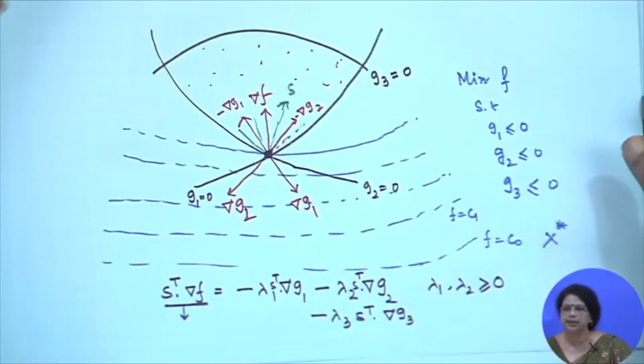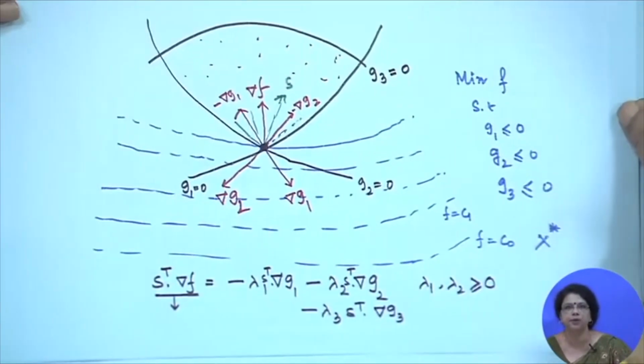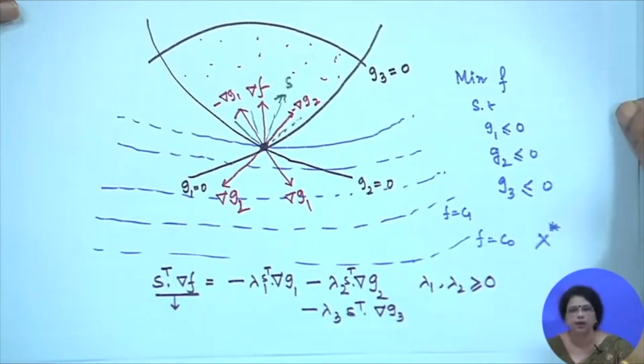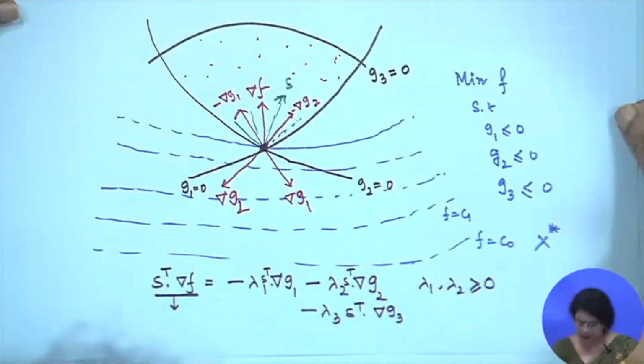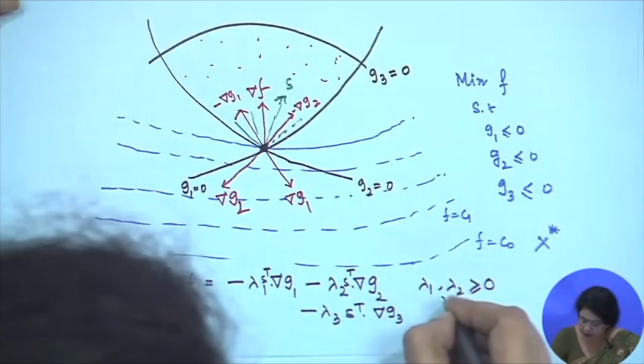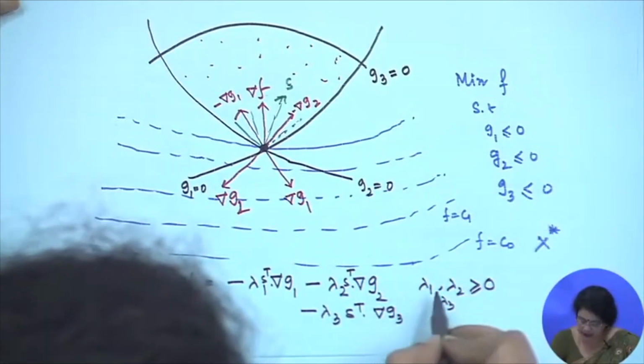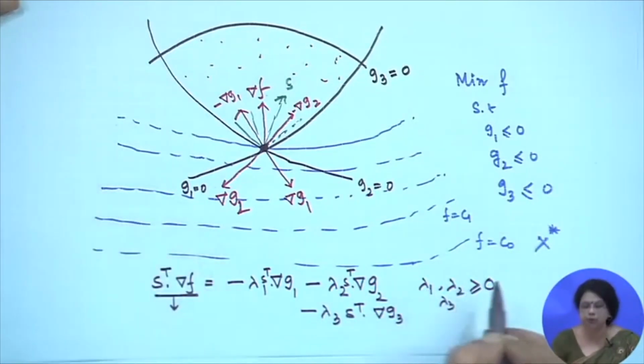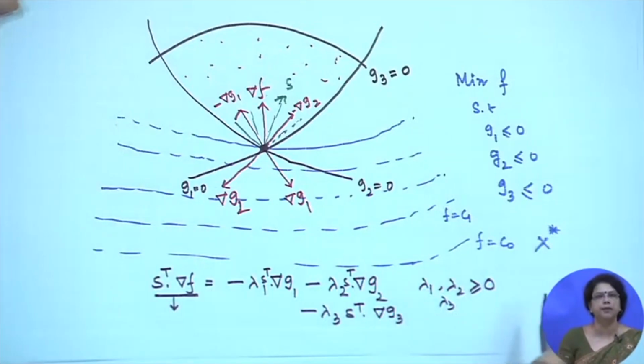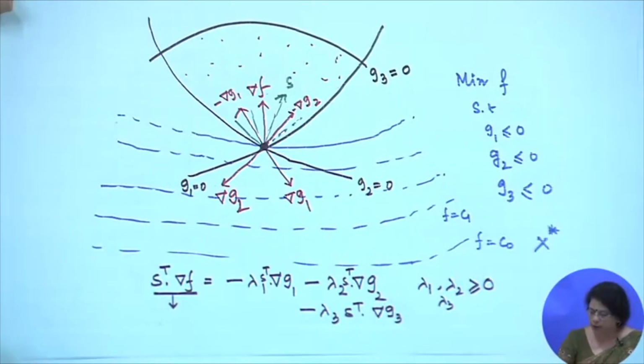Since G3 is inactive, the corresponding lambda will be 0. That is why lambda 1, lambda 2, lambda 3 are greater than or equal to 0, where lambda 1 and lambda 2 are strictly positive, but lambda 3 is 0 here. Now, with this idea I am going to the formal definition of the feasible direction, descent direction, etc.